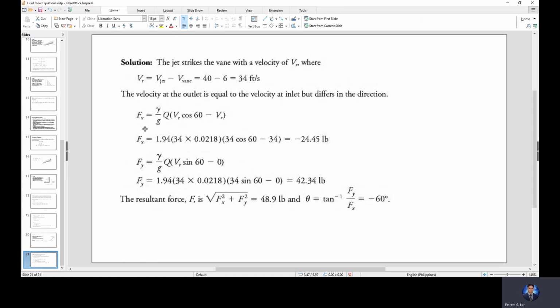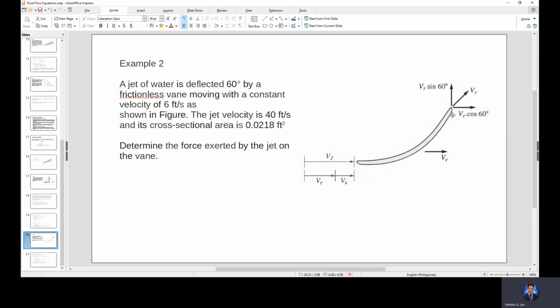So applying the equation, rho times Q times velocity. Remember that the vane has an angle of 60 degrees. So our V1 is horizontal, right? That's the horizontal velocity.